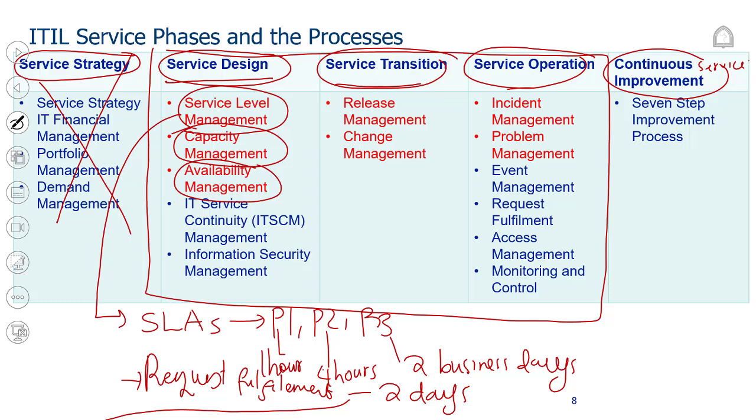Service transition. Just quickly going through what the service transition is all about. There's no single organization that would actually be working from what we call the production environment. We'll always have different environments. So in most cases where you work, you'll always have, for example, 3 environments.